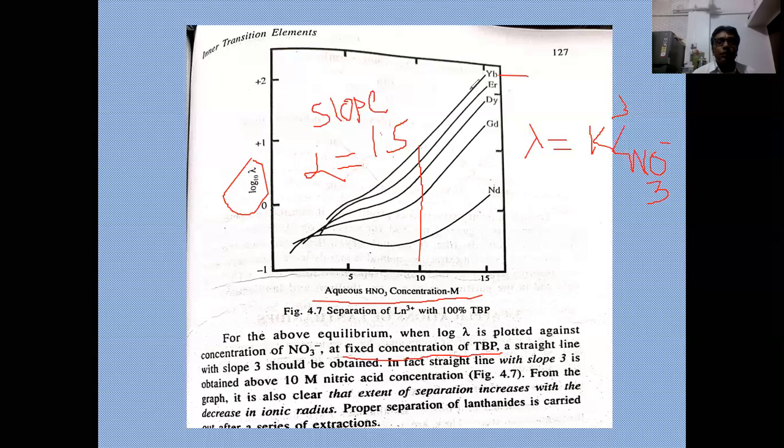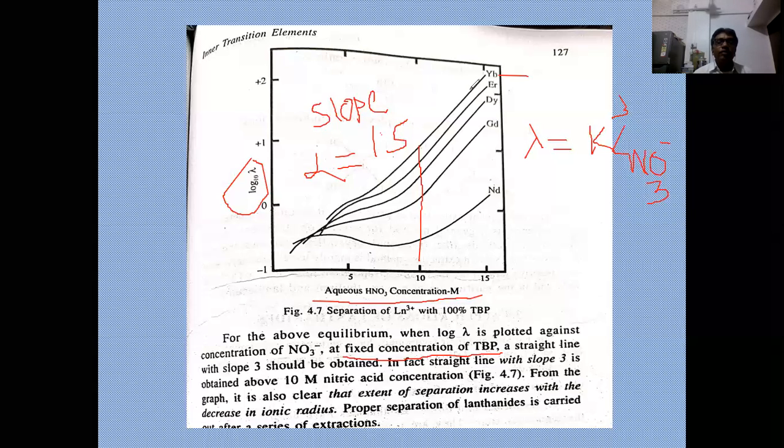In presence of TBP solvent, the distribution coefficient value will be higher. There is no oxidation of the TBP in presence of the nitric acid. That's why tributyl phosphate is a very suitable solvent for the extraction of the lanthanum from the aqueous phase into the organic phase by solvent extraction method.